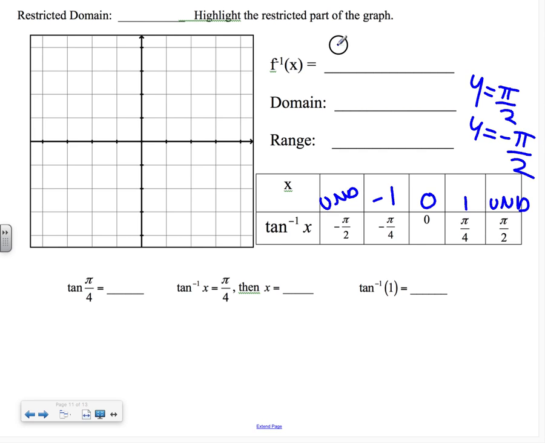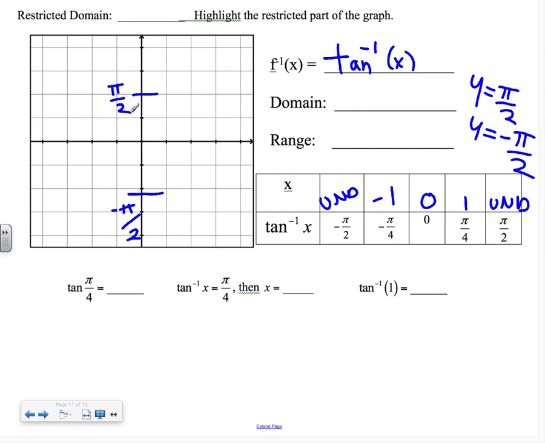And the way we write it is negative 1. So I'm going to graph this. Where it's undefined, I'm going to put those horizontal asymptotes, right? How big do you want your scale? I'm not going to do it that big. We'll call this negative pi over 2 here, and pi over 2 here, right?